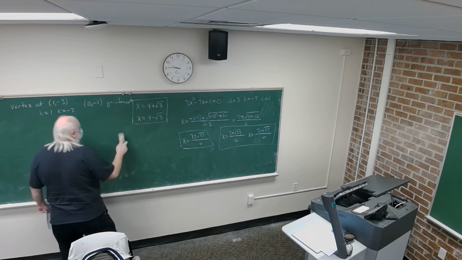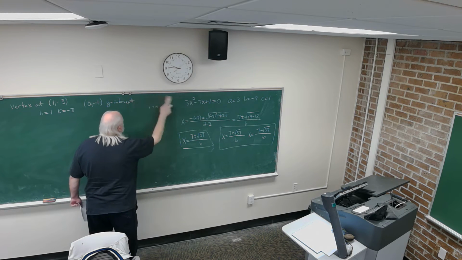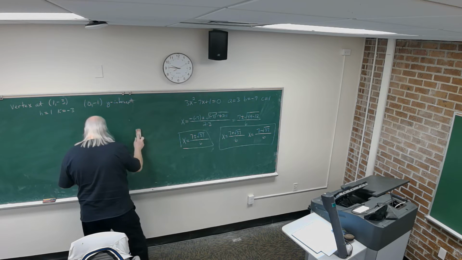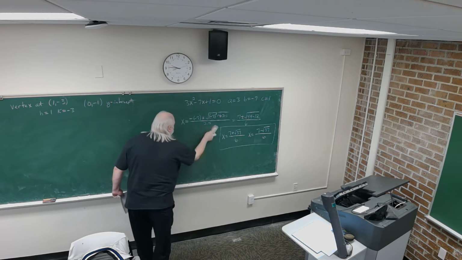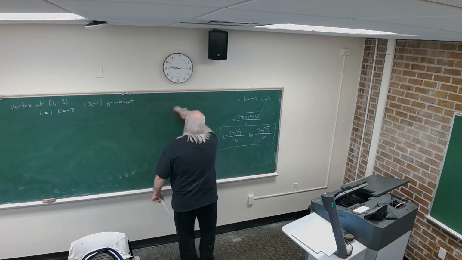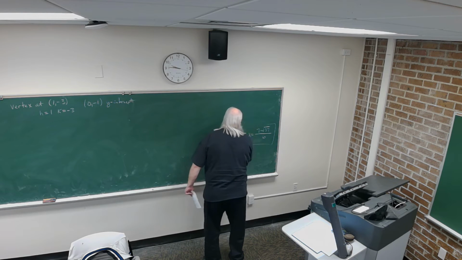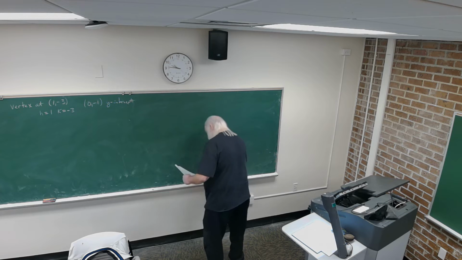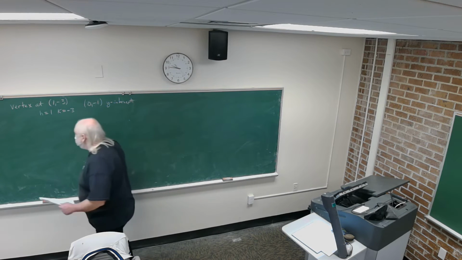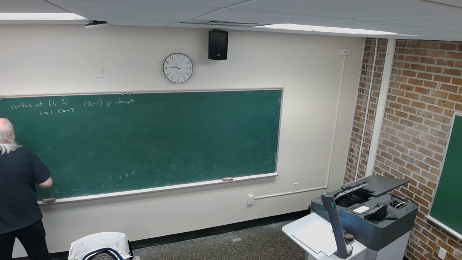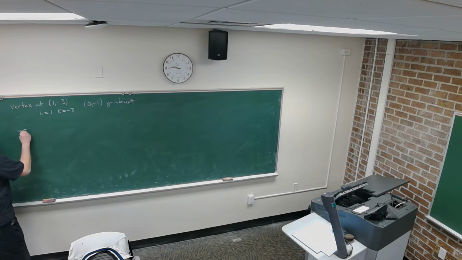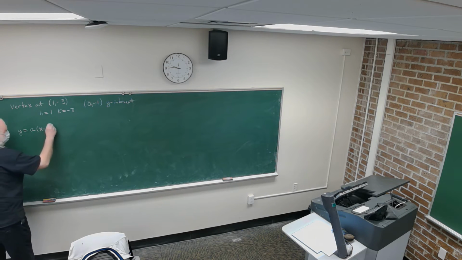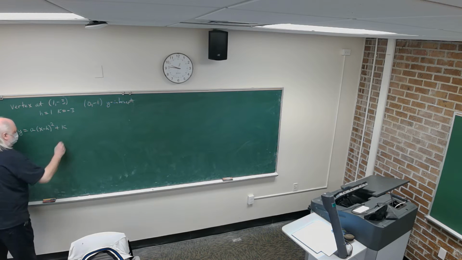So now we have all the information we need to write the equation for that quadratic function in standard form. The equation in standard form is y equals a times x minus h squared plus k.